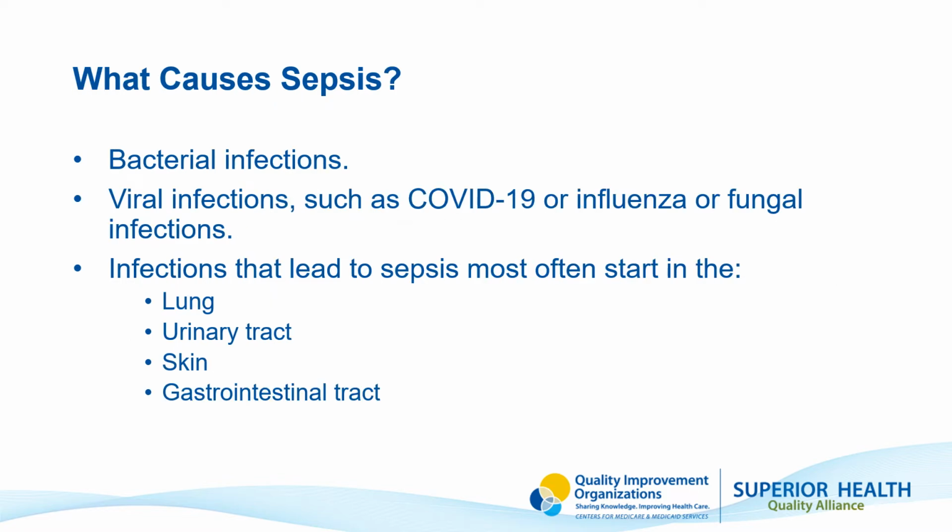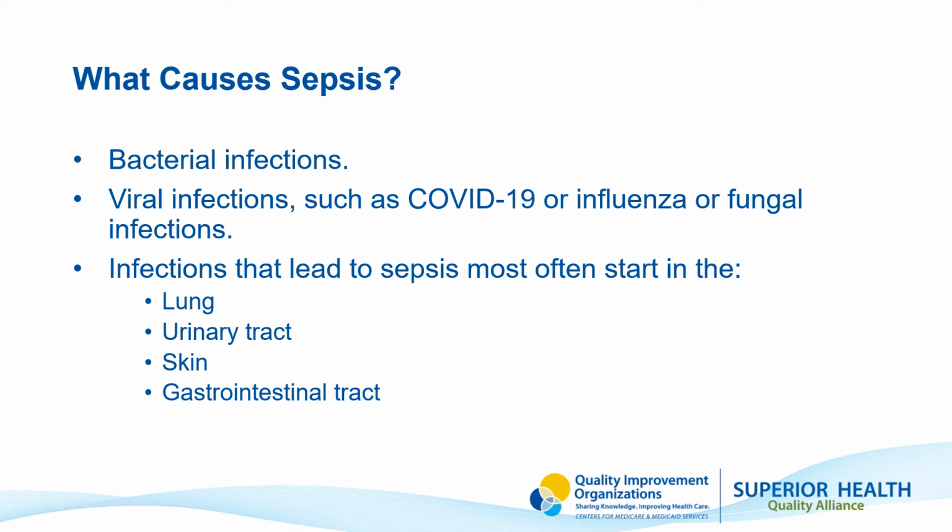Bacterial infections cause most cases of sepsis. However, sepsis can also be a result of other infections, including viral infections such as COVID-19 and influenza, or fungal infections. Infections that lead to sepsis most often start in the lung, urinary tract, skin, or gastrointestinal tract.